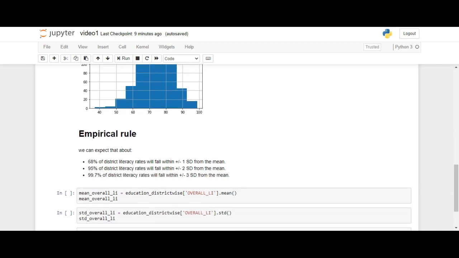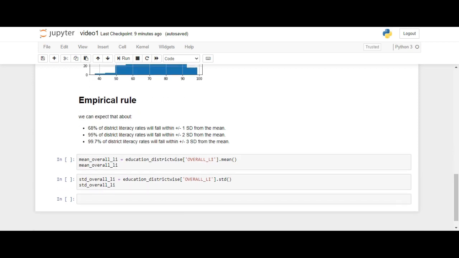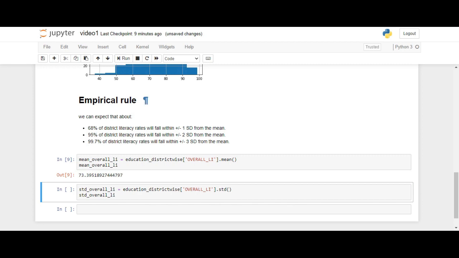So, to do the process, first we name two new variables to store the values for the mean and standard deviation of the district literacy rate. We name our first variable mean_overall_li, and compute the mean. And we display the value of our variable by typing its name.